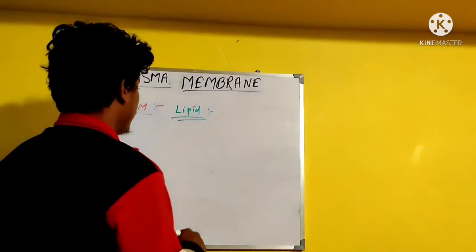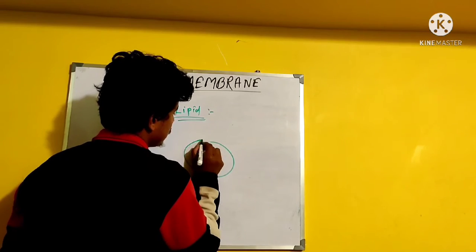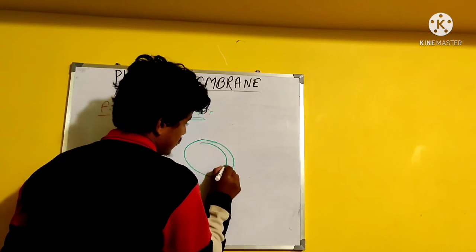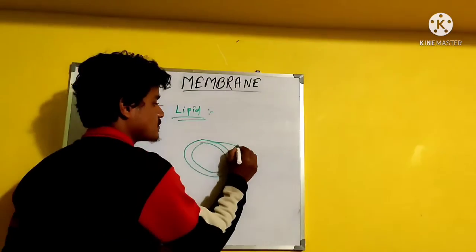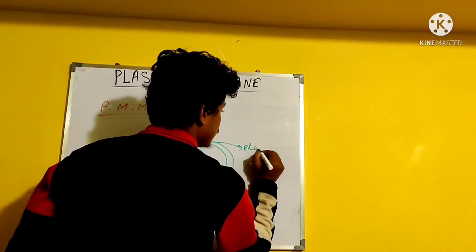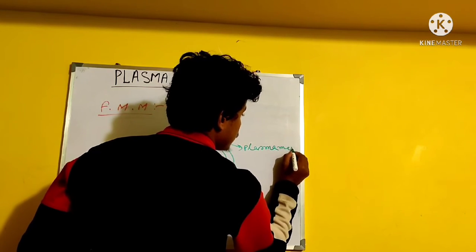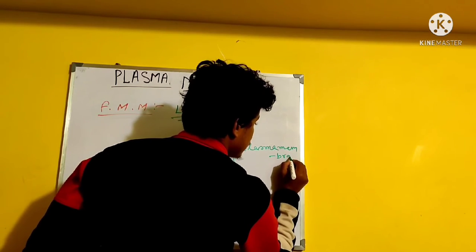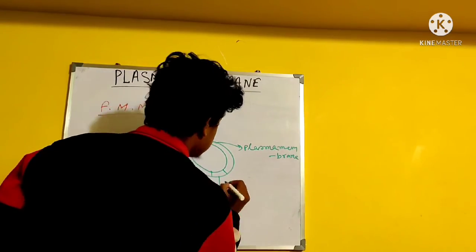At first we draw a cell. I think this is a cell and this is the plasma membrane. And we cut this part and zoom it out.